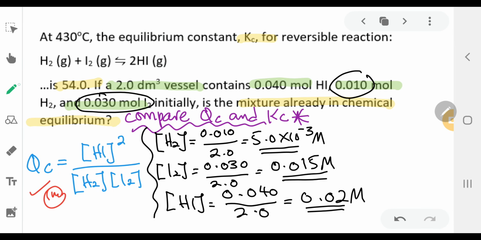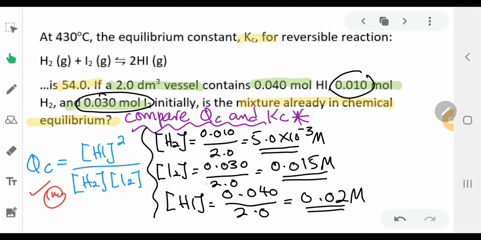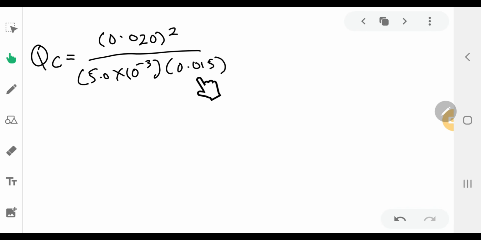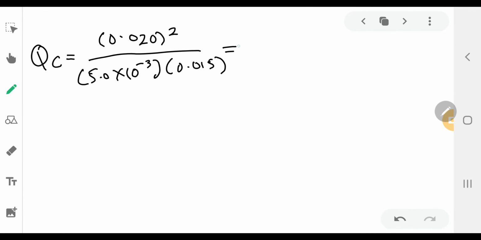If you want to double check, HI, 0.02 to the power of 2. Yes. And then H2, 5.0 exponent negative 3 times with I2 concentration, which is 0.015. And that is correct. And the Qc value would be 5.33.